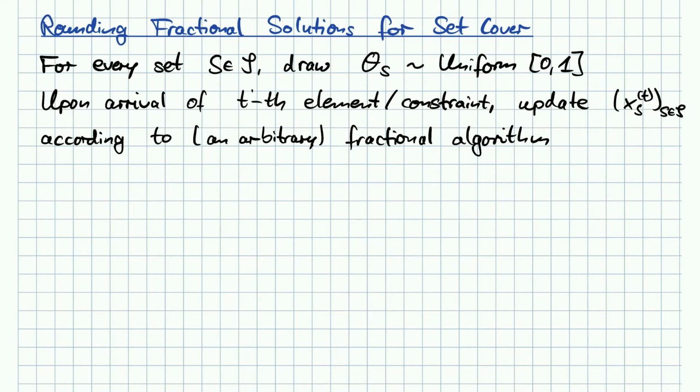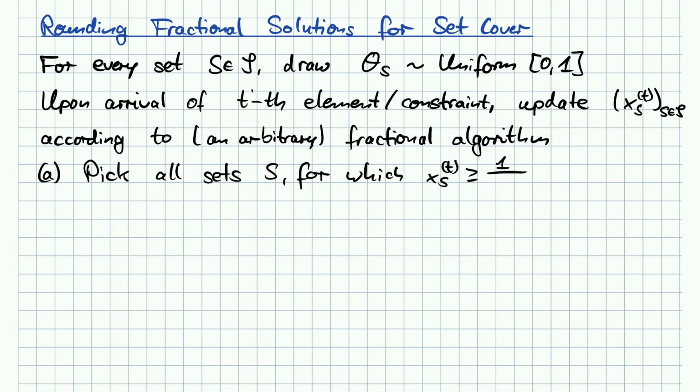And then we'll do the following. We will pick all sets S for which this x_{S,t} is at least 1 over 2 times ln t times theta_S.